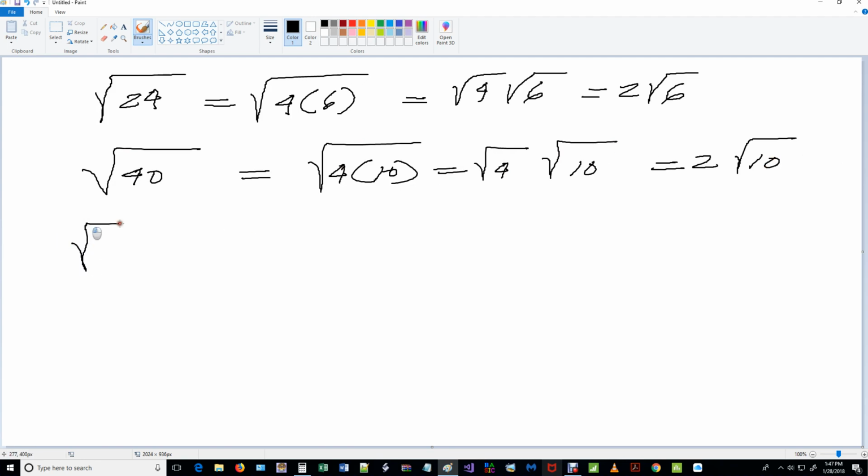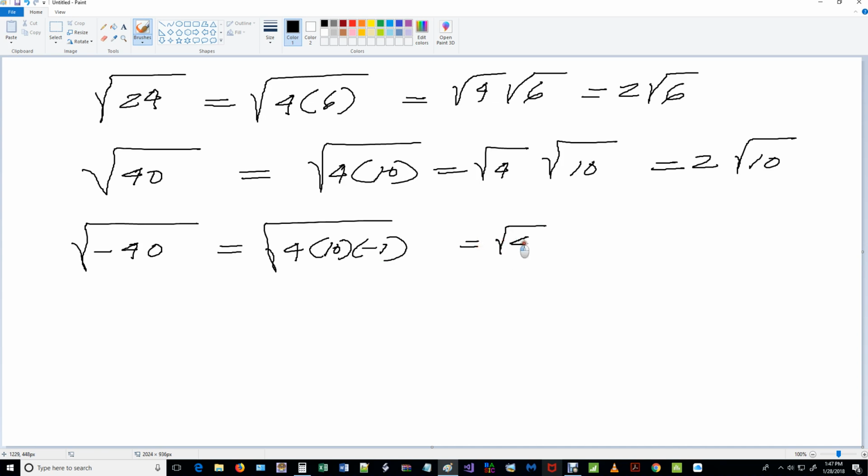Now let's see when this thing inside is negative. For example, the square root of minus 40. Alright, so this is where you do it. You have 4 times 10 times minus 1. This is clearly true, right? Negative 40 is 4 times 10 times minus 1. You can do the square root of 4, the square root of 10, the square root of minus 1.